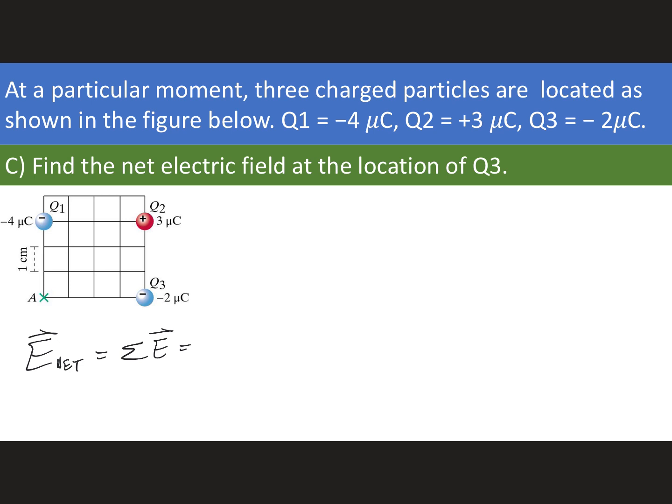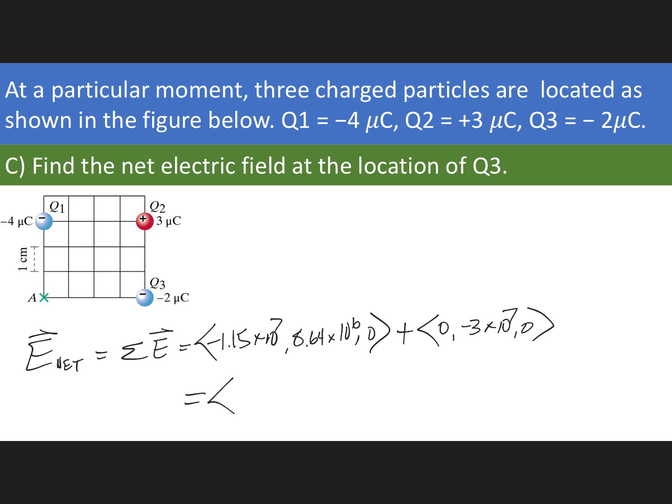And so we had negative 1.15 times 10 to the 7th, 8.64 times 10 to the 6th, and we had 0, negative 3 times 10 to the 7th, 0. And so when you sort all of that out, nothing changes on the x scale, but you get a little bit of combination on the y scale.